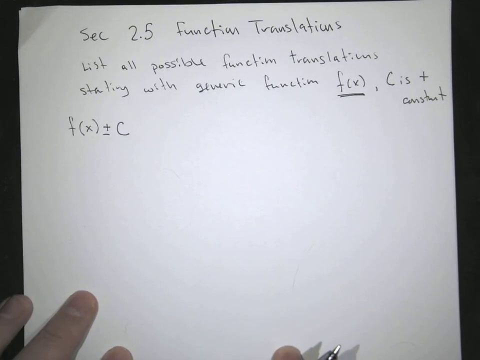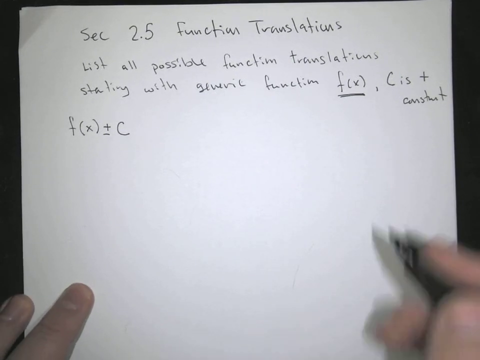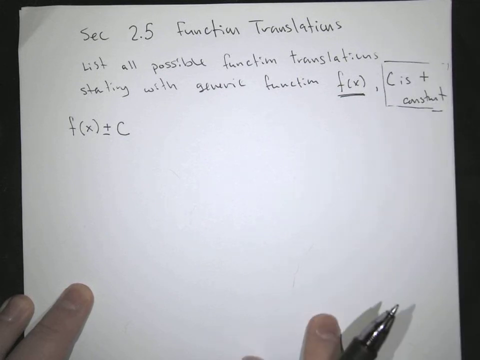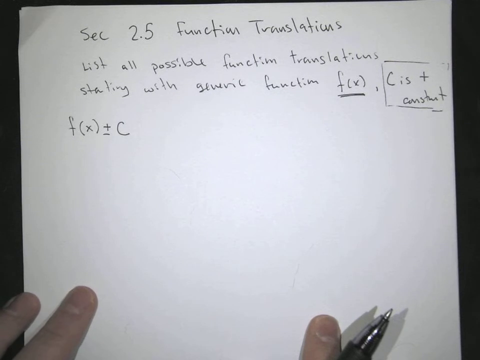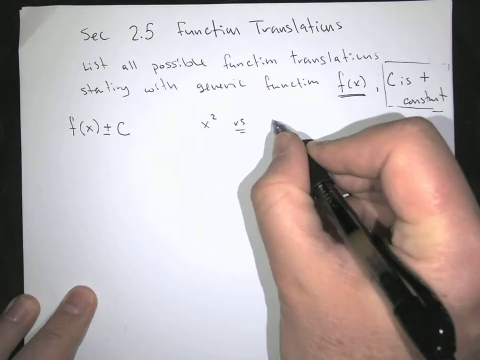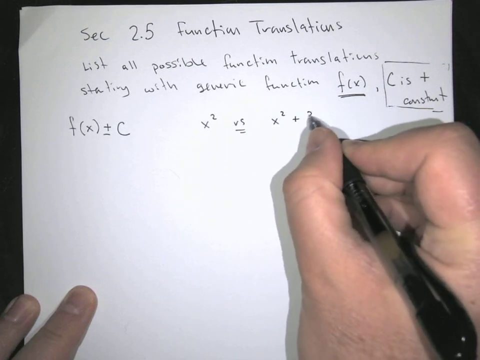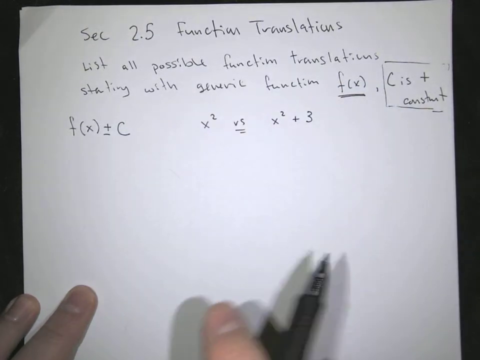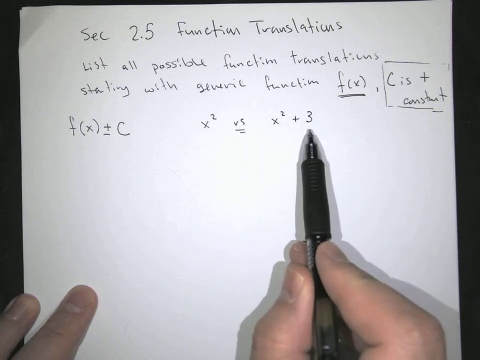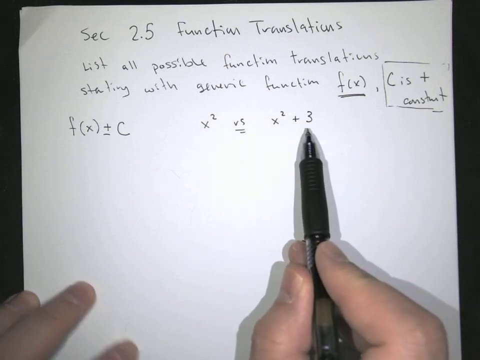We'll use capital C here as a stand-in for a generic number, some generic positive constant. So we could do f of x plus or minus some constant value on the end. This is the difference between having x squared versus x squared plus 3. x squared is our original, and then we're adding this 3 onto our function.